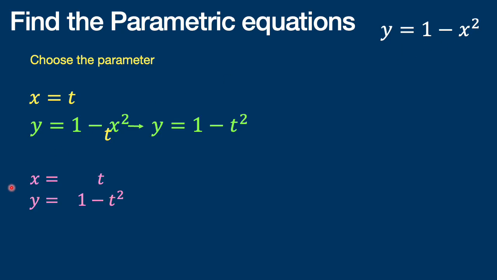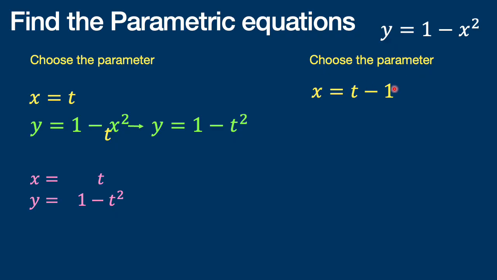Here is x equal t, y equal 1 minus t squared. But when you find the parametric equation, there is not just one parametric equation for a given rectangular equation. So we're going to choose another parameter. This time, I'm going to pick x equal t minus 1.